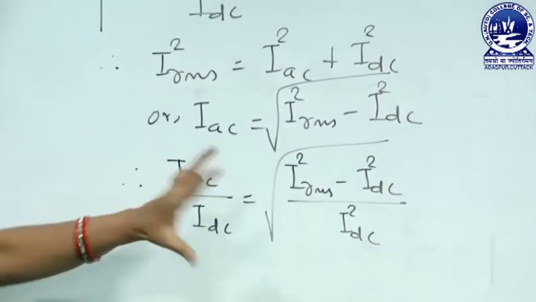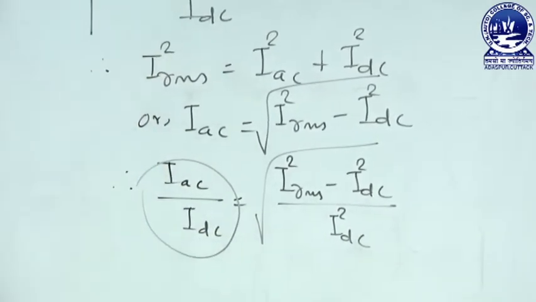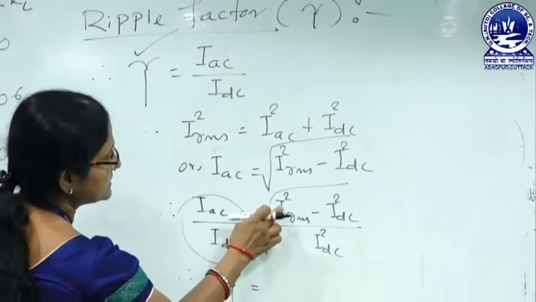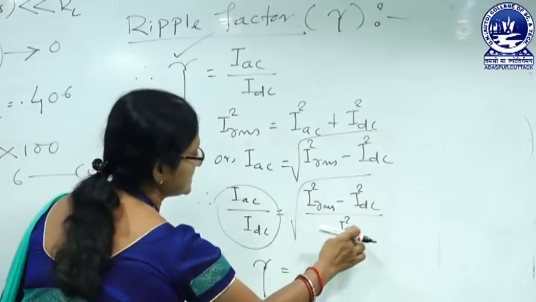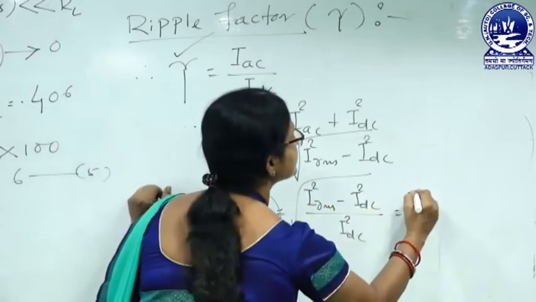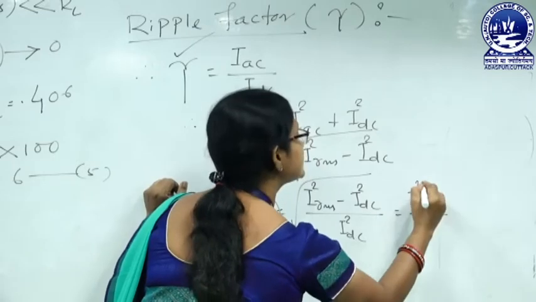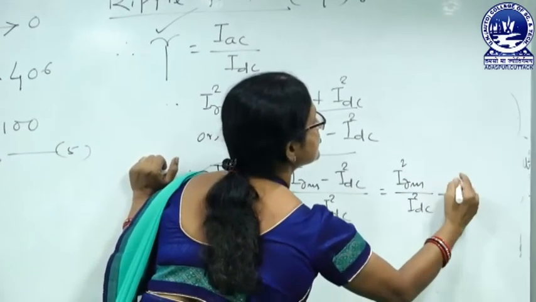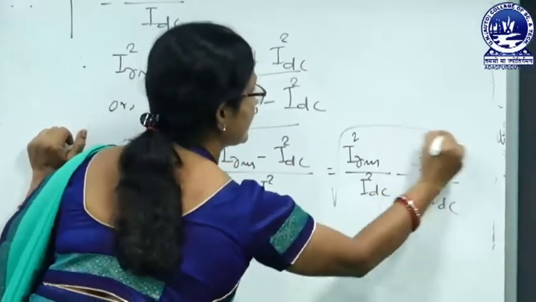Now when we solve this expression, what about this term? That is gamma. Hence gamma equals the square root of (I_RMS squared by I_DC squared minus I_DC squared by I_DC squared).